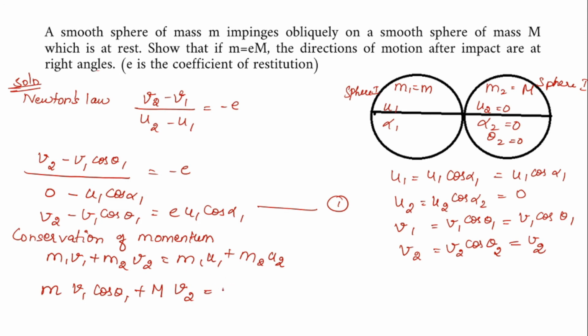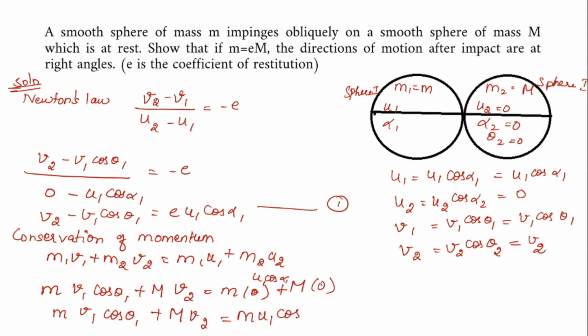On the right, m1 is small m with u1 cos alpha 1, plus m2 is capital M with u2 which is 0. Finally you get m v1 cos theta 1 plus capital M v2 is equal to small m u1 cos alpha 1, which is equation 2.